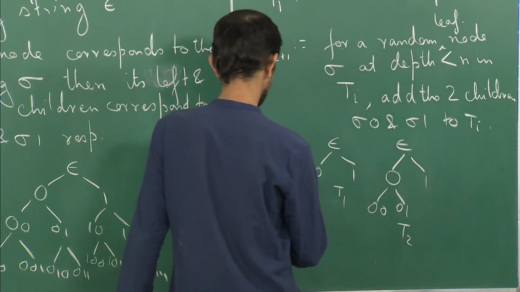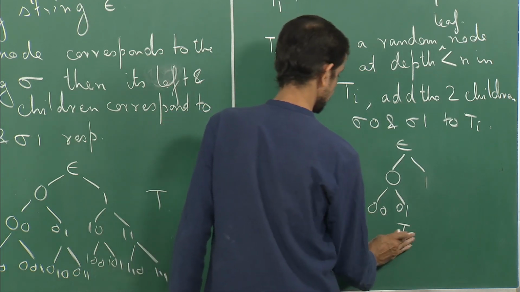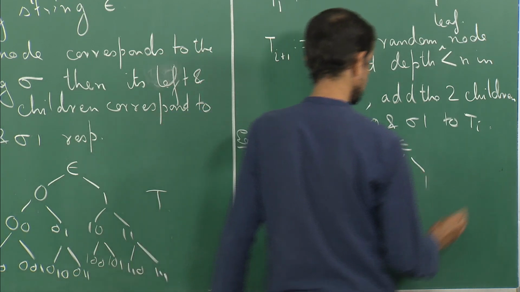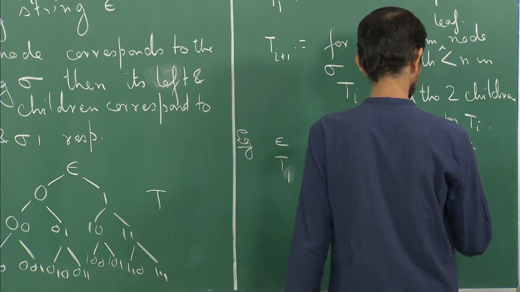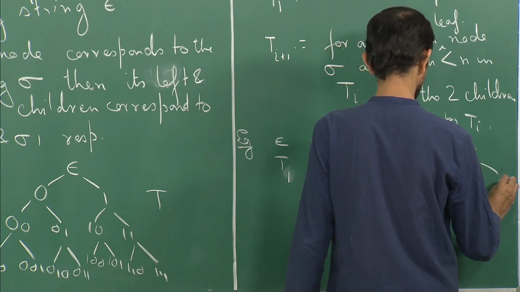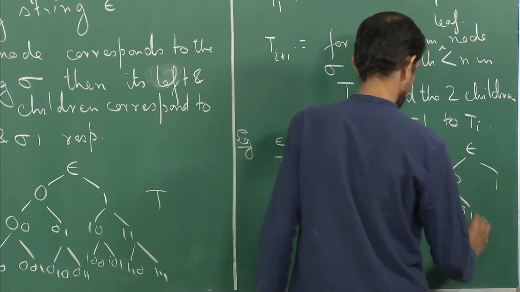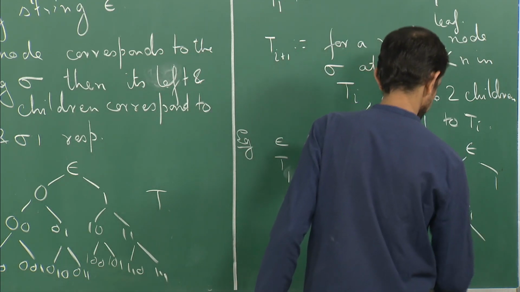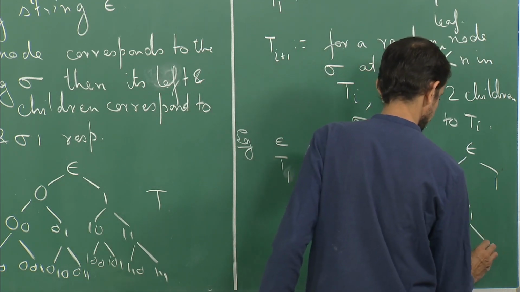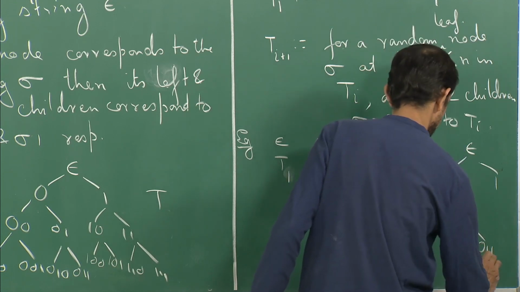Sorry, I start with T1. This is my T2. This becomes T3. Then let's say 0, 1. I pick this one. This is also at less than height n. So I pick this one. I add 0, 1, 0, 0, 1, 1.